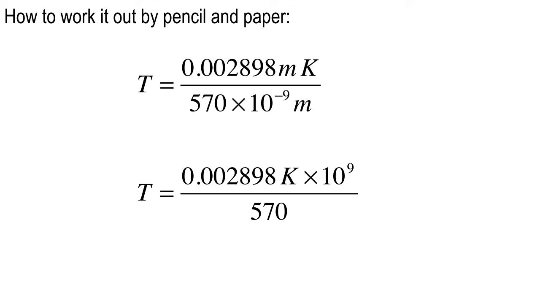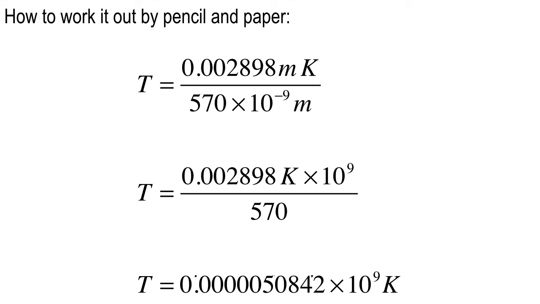If you're doing it in pencil and paper, this is what you've got to do. If you take 0.002898 and divide by 570, that's what you get, 0.0000050842 times 10 to the 9. Really nasty.